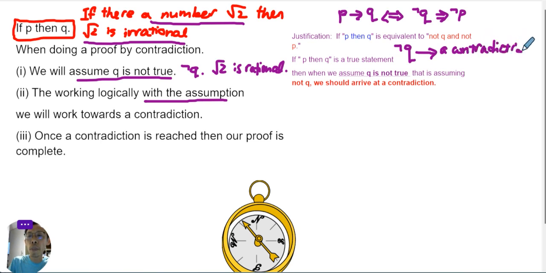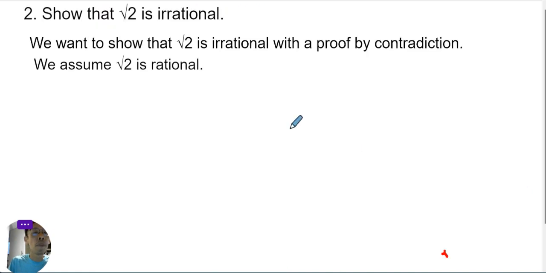If we can reach a contradiction that implies not P, then our job is done. So let us look at the example that square root of 2 is irrational.